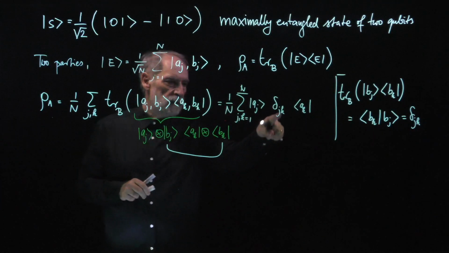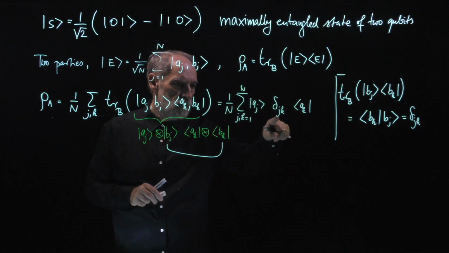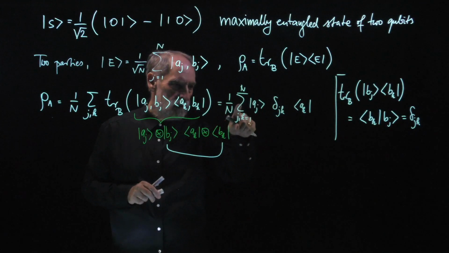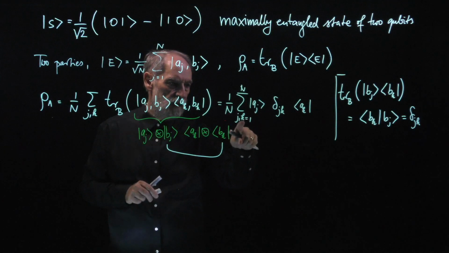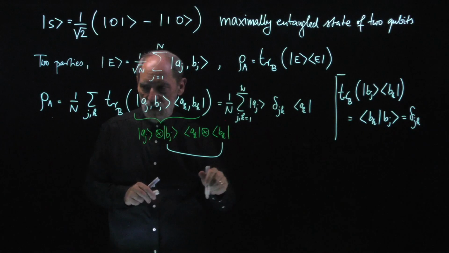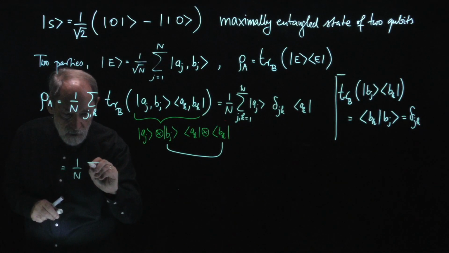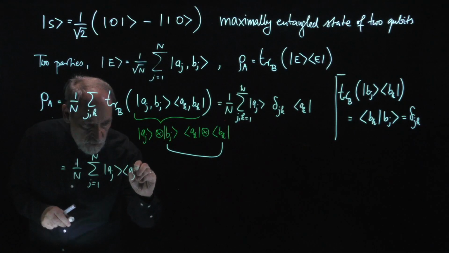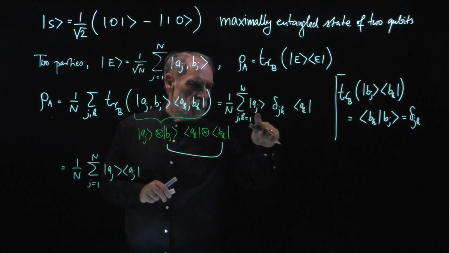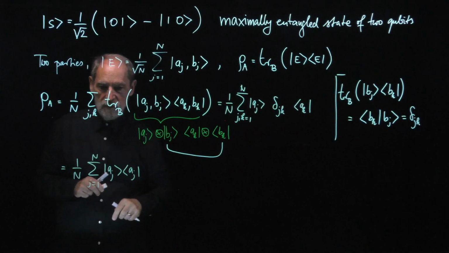And now this is 0 except when k is equal to j. As a consequence, then this sum over two running variables, j and k, two indices, will collapse into a single sum. And that single sum is just 1 over n times the sum over j, say, of aj, aj, because we only get a contribution when j and k are the same index. So we have the same index j twice now.